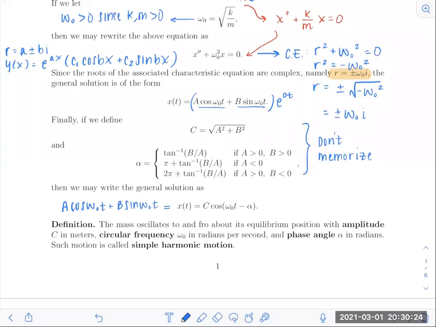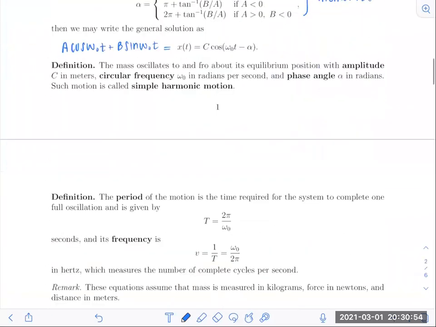The mass oscillates to and fro about its equilibrium position with an amplitude c in meters, a circular frequency omega in radians per second, and phase angle alpha in radians. Such motion is called simple harmonic motion. All right, so we have an idea of the differential equation that models this situation and also some of the pieces of information that we can pull from this.